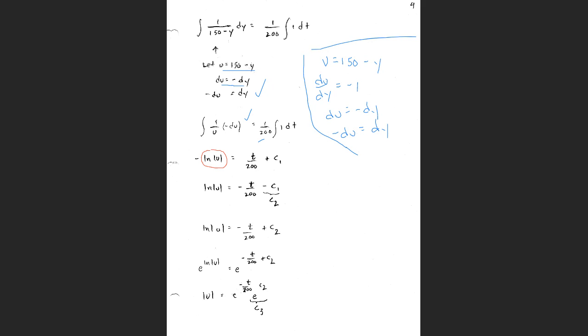Now what happened is, when I did the integration, as you know, the left-hand side is going to have some constant, call it C1. The right-hand side is going to have some constant too, and I want to be a little careful how I phrase this.